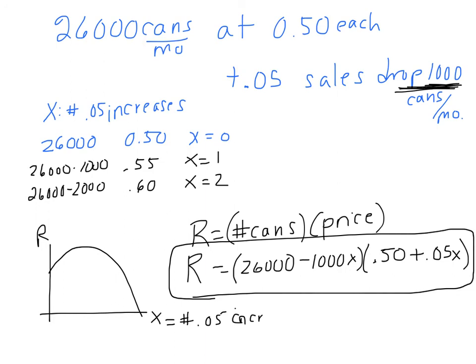So I'm not going to give you the answer here, but let's say this is the max, and if x was 5, that would mean that you've added 5 times 5 cents to your price. So you'd add 25 cents. If x was 6, you would have added 30 cents to your price. So that's what this x value is. It's not the number of cans sold, it's the number of 5-cent increases.